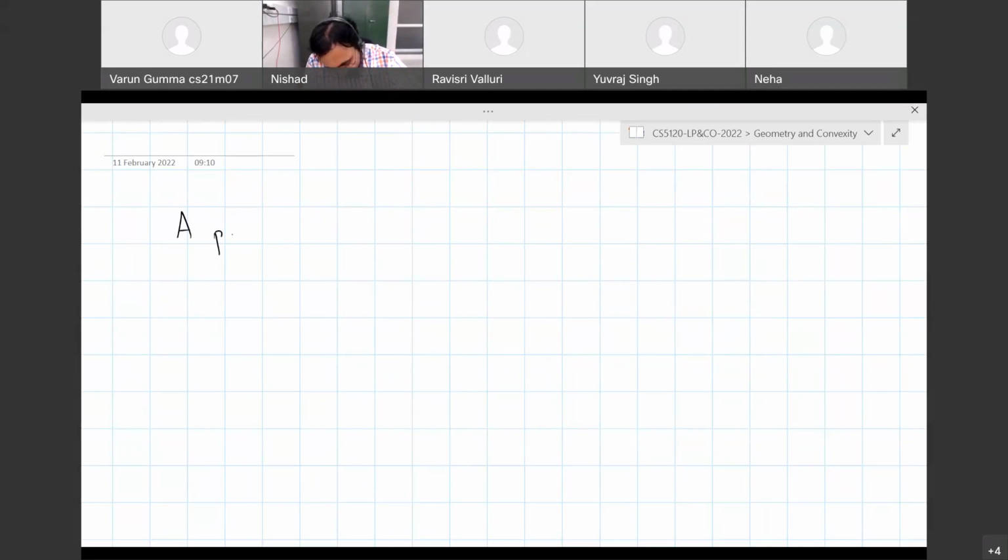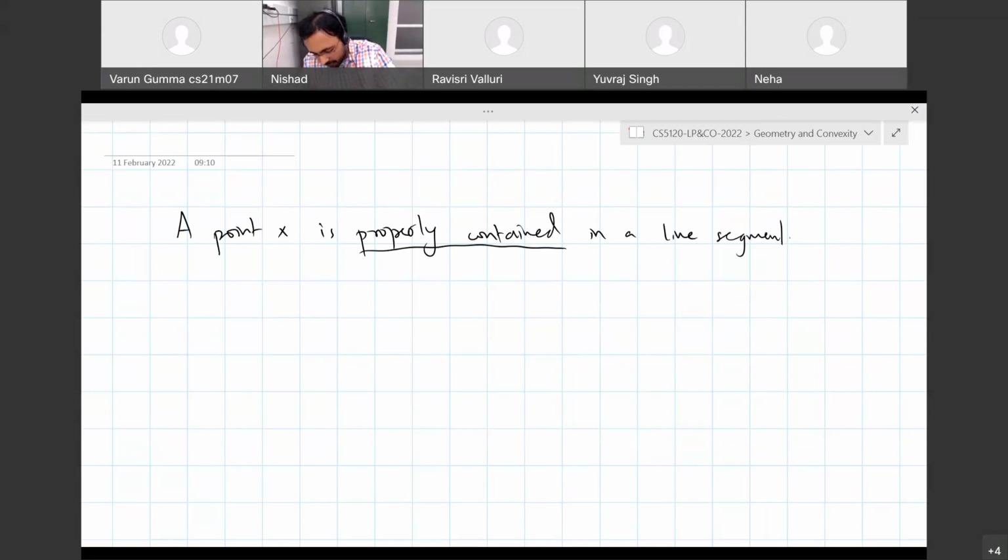So a point X is properly contained in a line segment L, right? So we can assume that we are working in Rn for some n, okay? If X is a point in the line segment, however, it is not one of the 2 ends of the line segment, but X is not an end of the line segment.